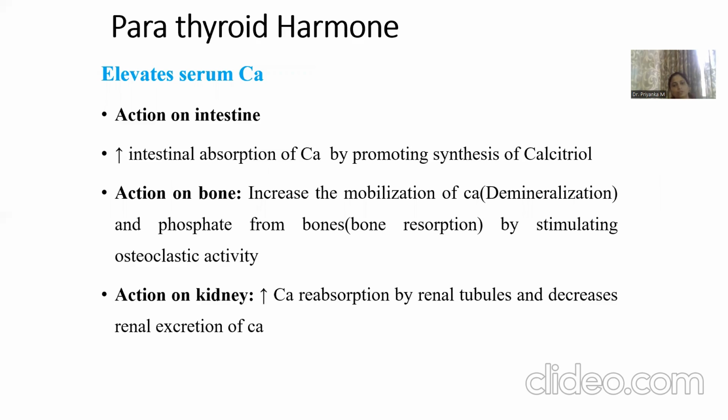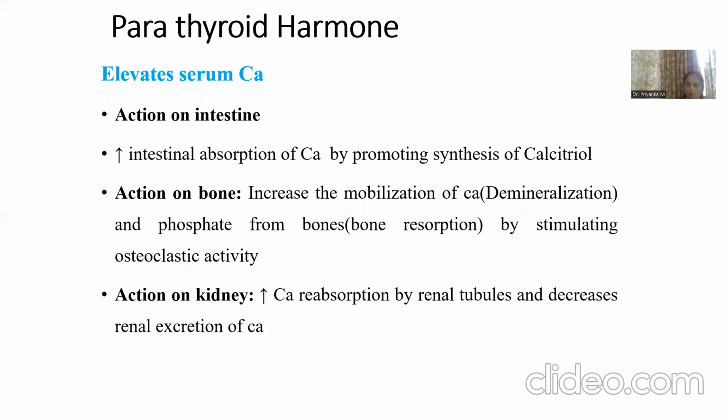What is the role of PTH on intestine? On intestine, it increases the intestinal absorption of calcium, and it also promotes the synthesis of calcitriol. By promoting synthesis of calcitriol, indirectly, as we know, the role of calcitriol is to increase the plasma calcium levels.